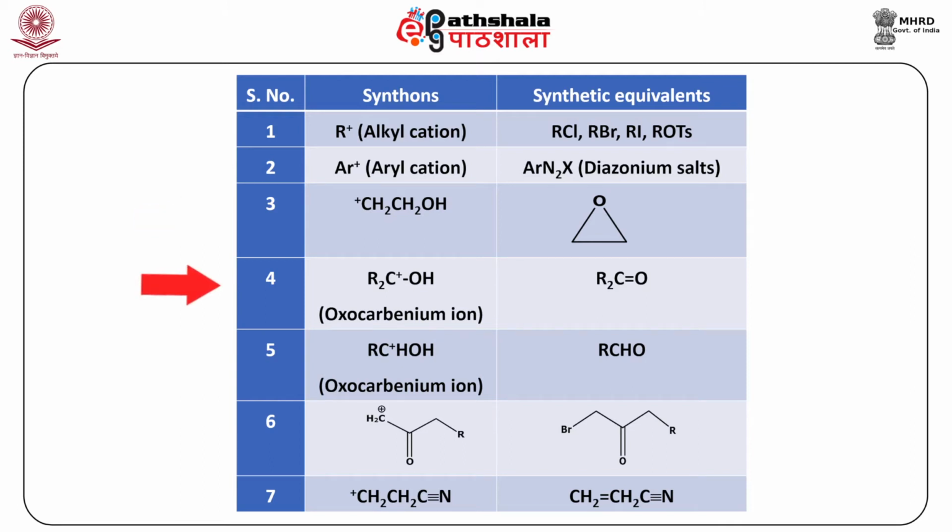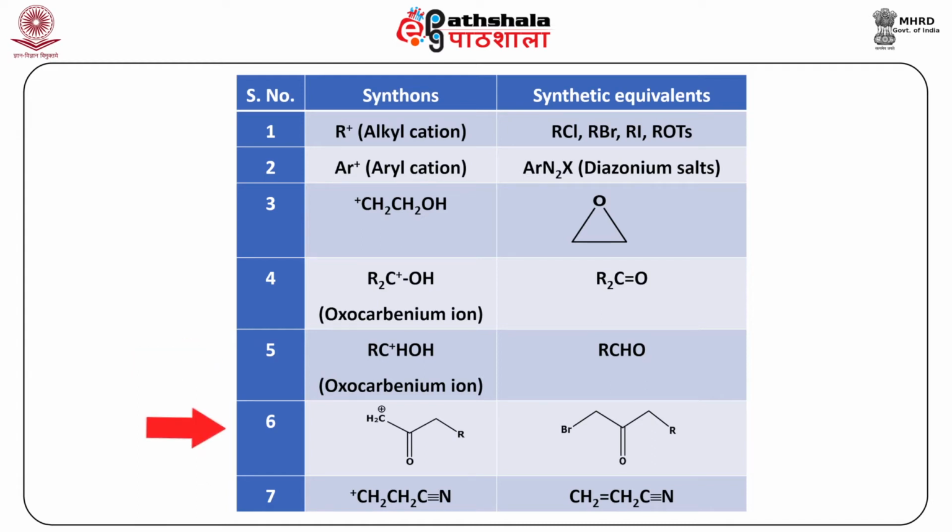Moving to the next, where this is another carbocation directly attached to OH, then this can be generated from the corresponding carbonyl. If you have both R here, the parent synthetic equivalent will be ketone, but if it is one R and one H along with OH and the positive charge on the carbon, then it can be generated from the aldehyde.